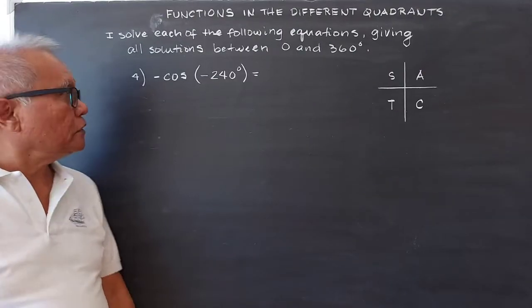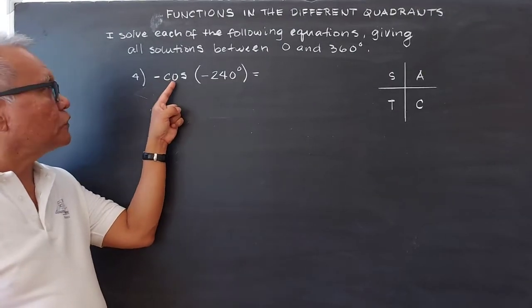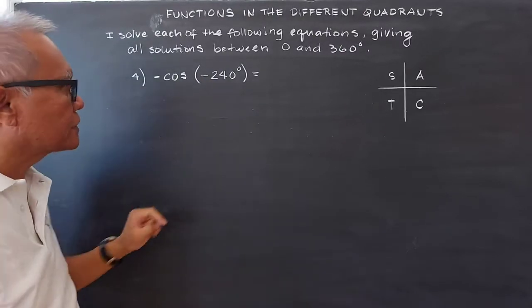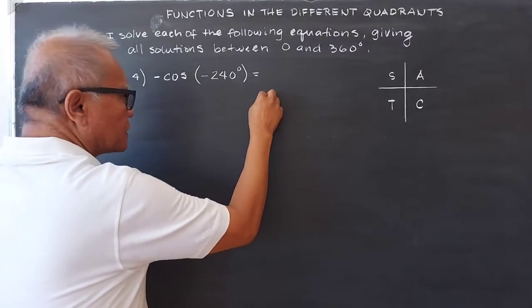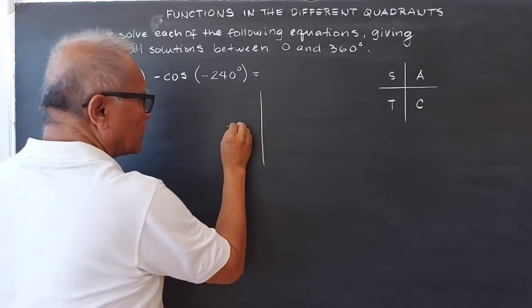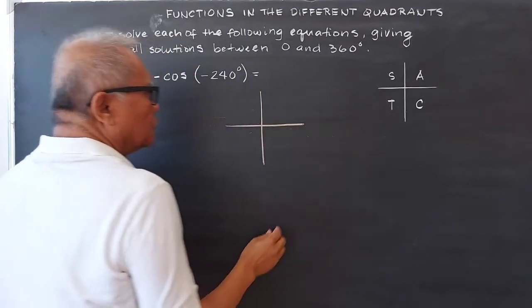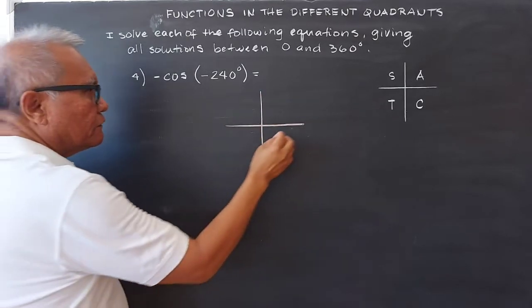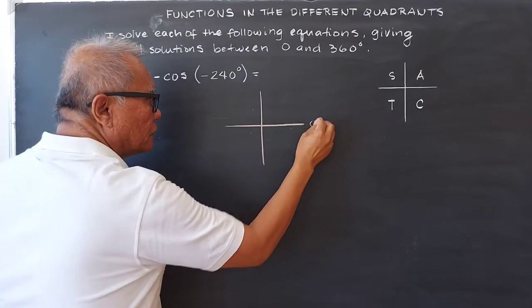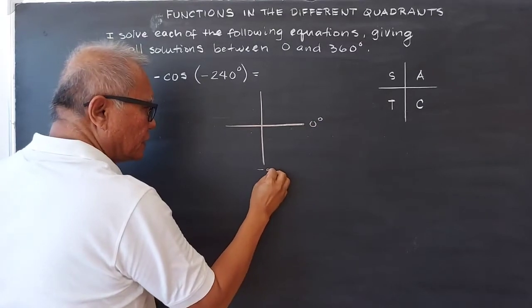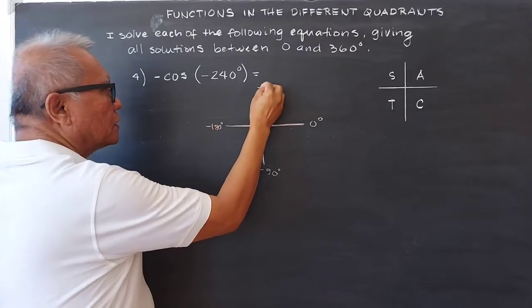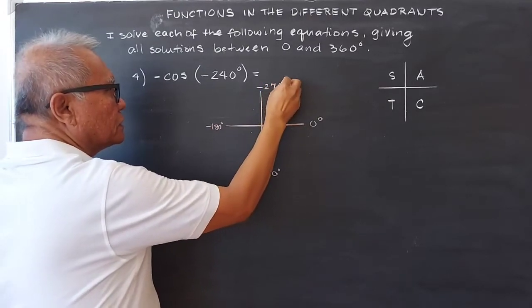Okay, number 4, we have negative cosine of negative 240 degrees. So first, let us draw our quadrant here and locate the negative 240. So we have 0 here, negative 90, negative 180 degrees here, negative 270 degrees here.